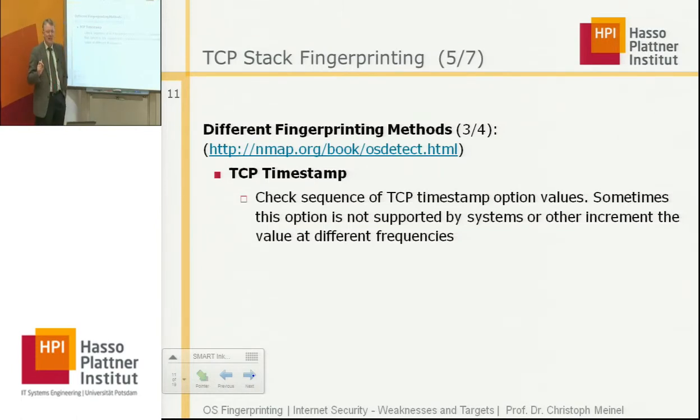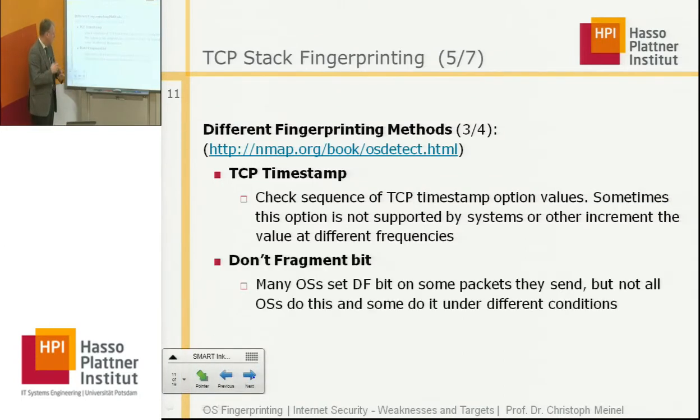Sometimes the options are not supported by the systems, and in other operating systems, in other implementations, this is incrementally changed in different frequencies. So from such small details, you can conclude the corresponding operating system this stack is implemented for.